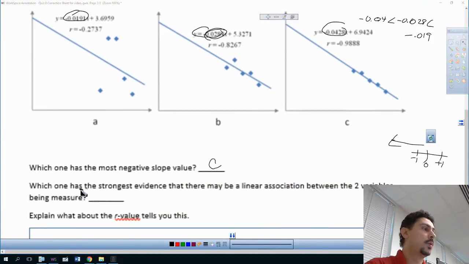Next one. Which one has the strongest evidence that there may be a linear association between the two variables being measured? Well, the only statistic we can use is the R value, and we look at this one.